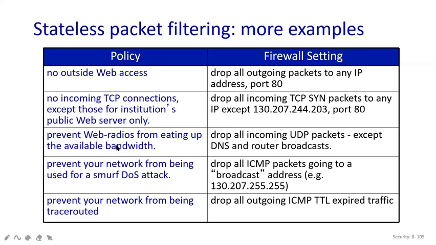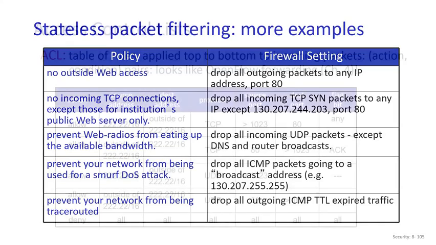In this way there are policies given, and accordingly there will be firewall settings for each of the policies. Before we give any connectivity to the internet, we set up firewalls.